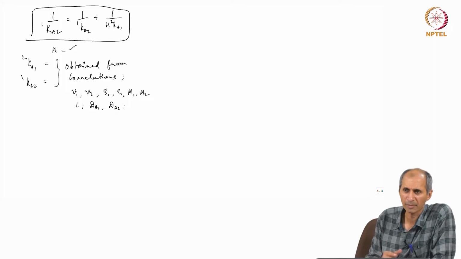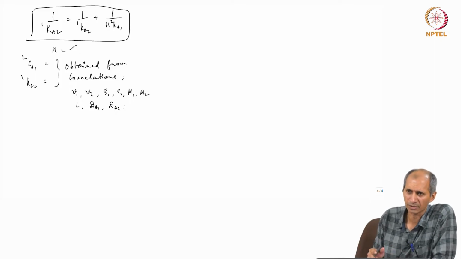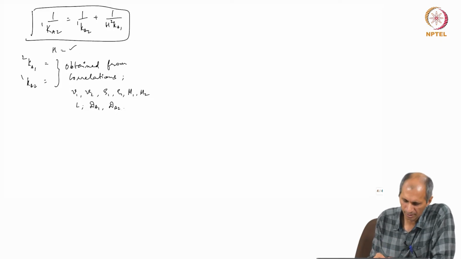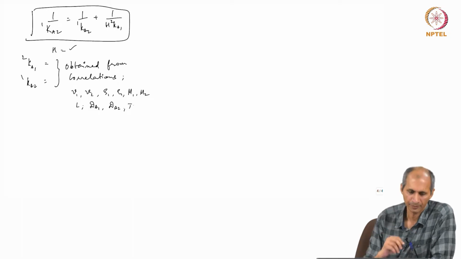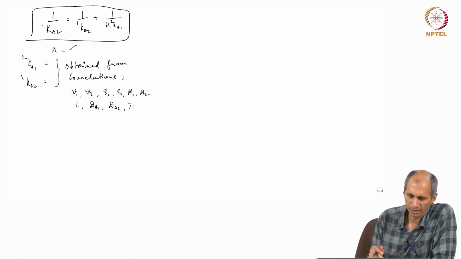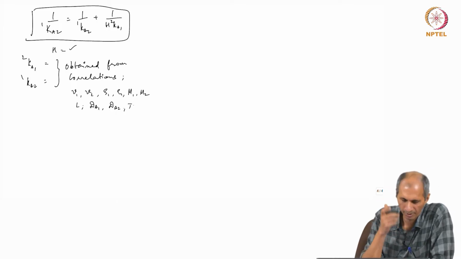These are some of the parameters that may be involved. Temperature may be needed sometimes as well. So, you get the correlation, that is the first step, you choose the correct correlation.